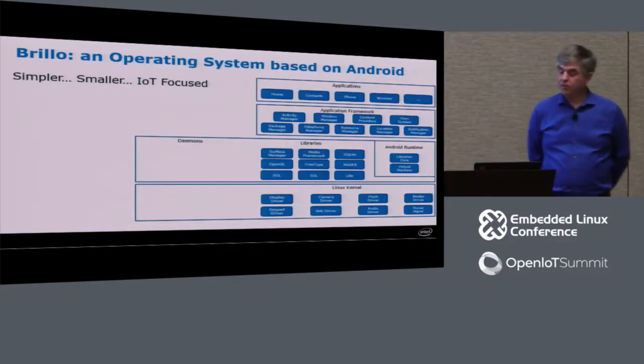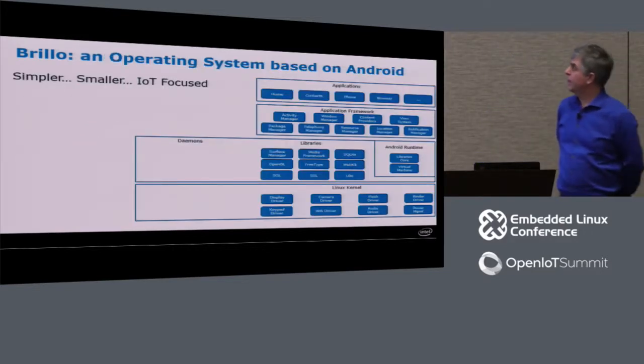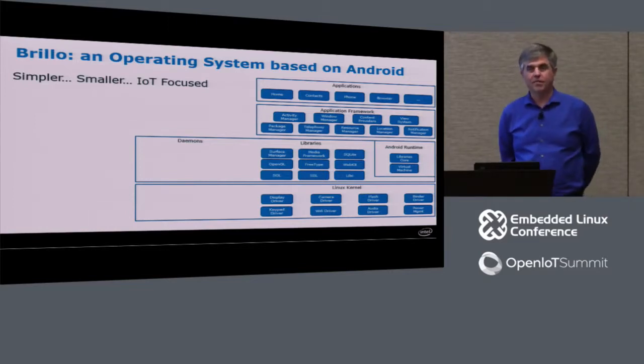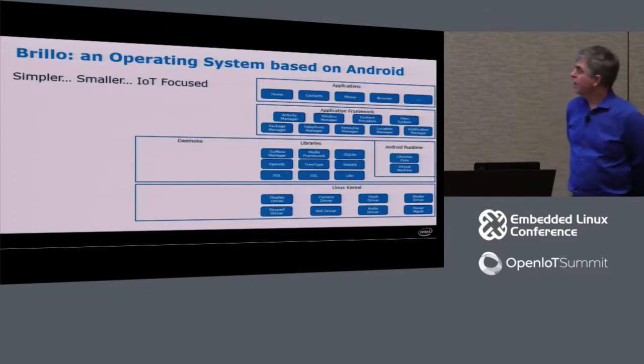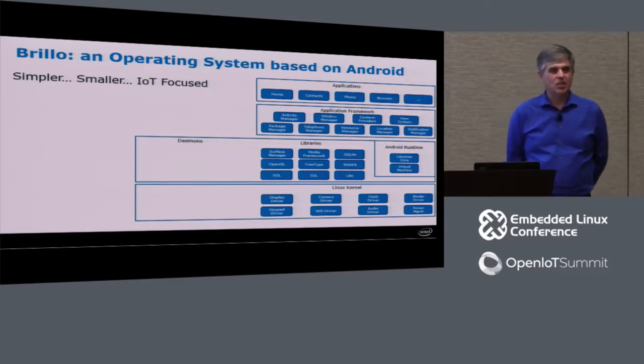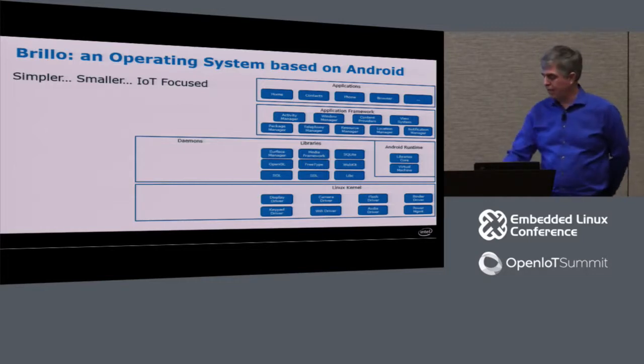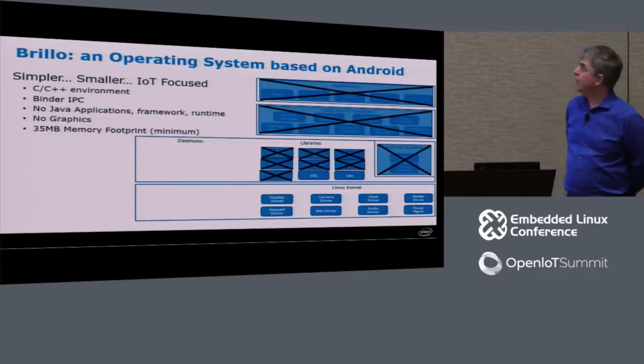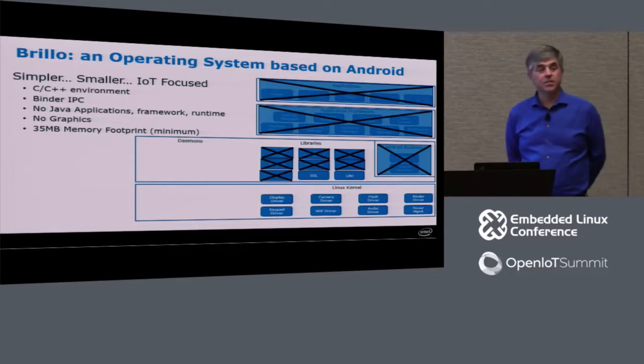So as I mentioned, Brillo is based on Android. Here's a diagram that everybody has seen of Android. If you have anything to do with Android, you've seen this diagram. So first thing we're going to do is take a hack and slash approach and say, okay, what don't we need in an embedded operating system? We don't need the Java applications.